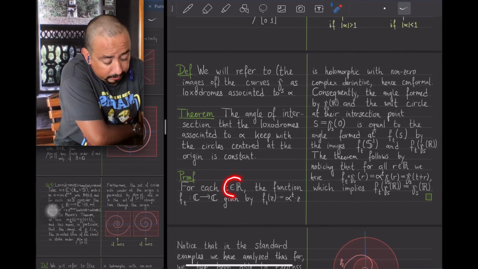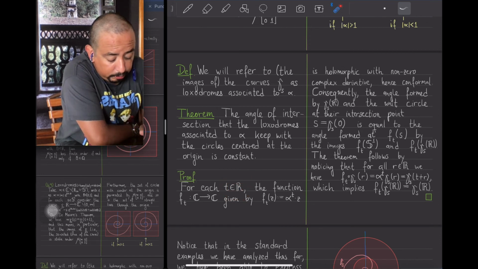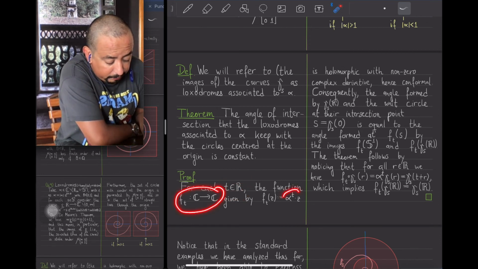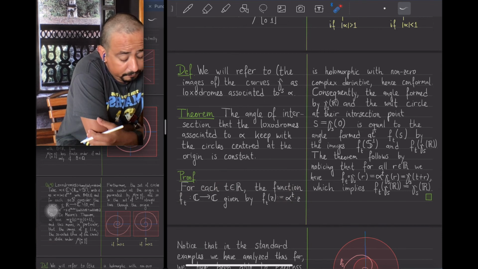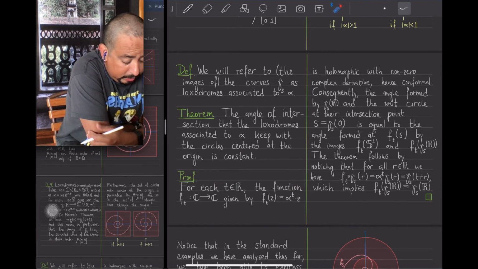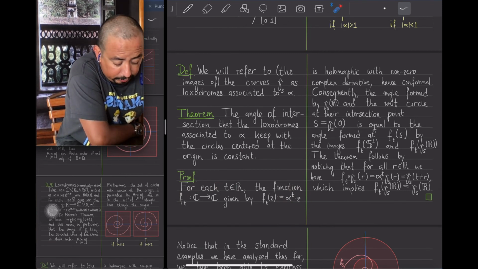So for each real number t, we consider the function multiplication by alpha to the t, as we said. Alpha is not 0, so alpha to the t is never 0.